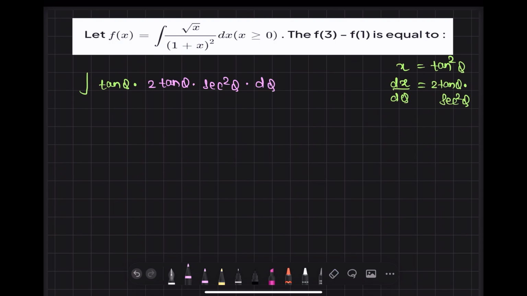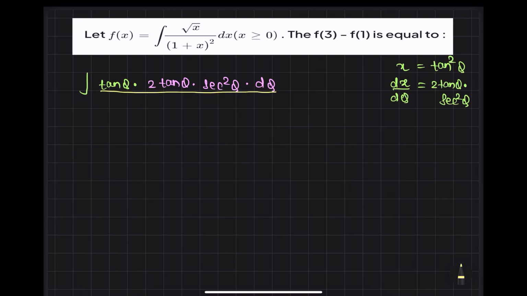So I feel the numerator is done. Now look at the denominator. The denominator becomes 1 plus tan square theta, which is sec square theta, and sec square theta whole square will become sec to the power 4 theta. Now this is 2, this is 2, done. So we are left with sec square theta. Now look at how I will handle this situation.